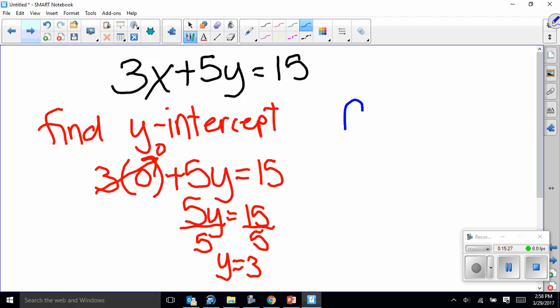Now let's find our x-intercept. So how do we find our x-intercept?